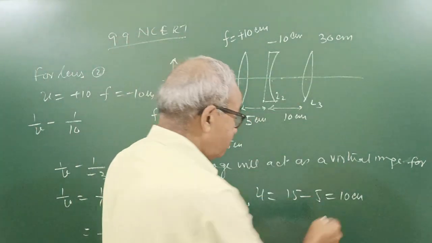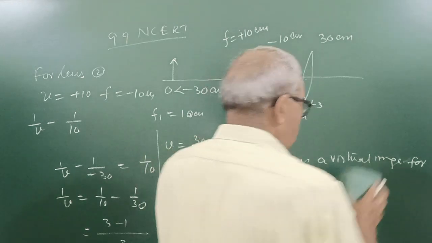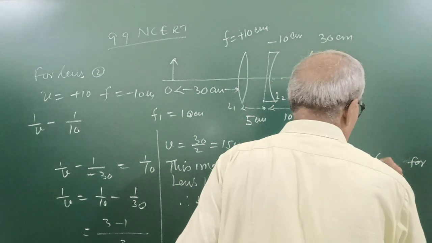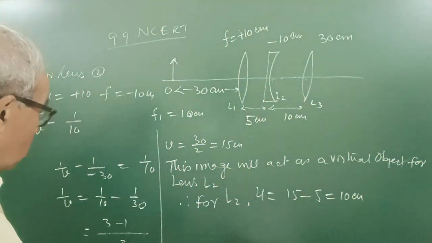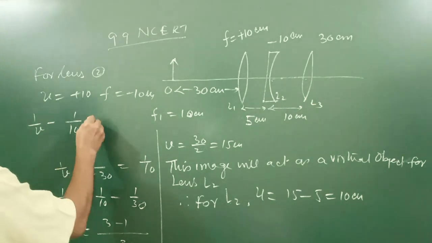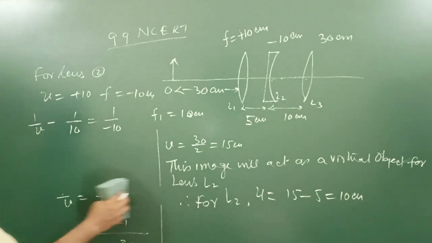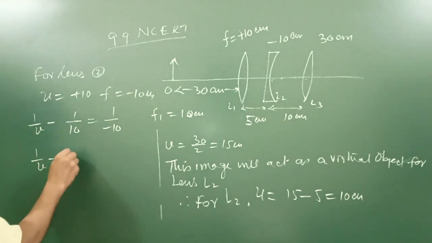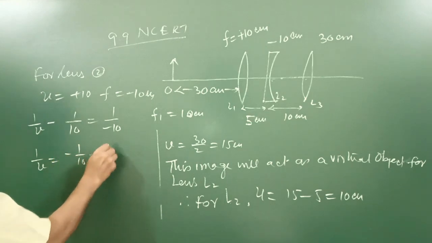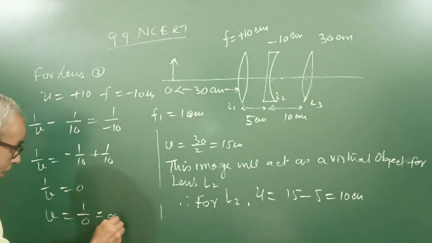Now this virtual object is on the right side of lens 2, so u will be positive, is equal to 1 by minus 10. Focal length of concave lens taken negative. So 1 upon v is equal to minus 1 by 10 plus 1 by 10. So 1 upon v is equal to 0. So v is equal to 1 upon 0, means infinity.